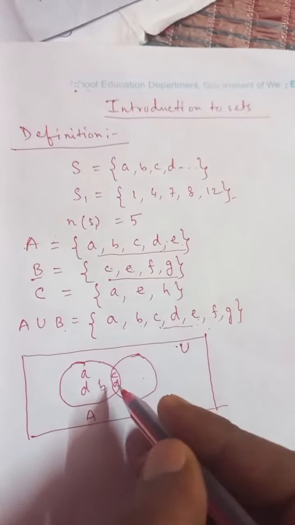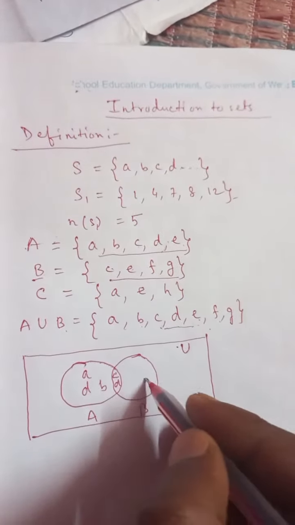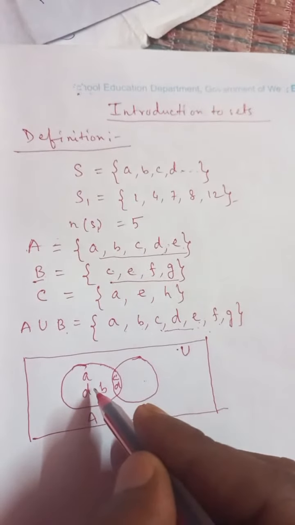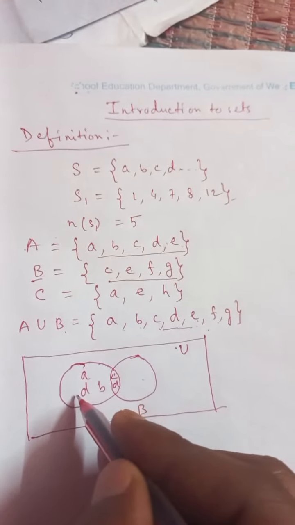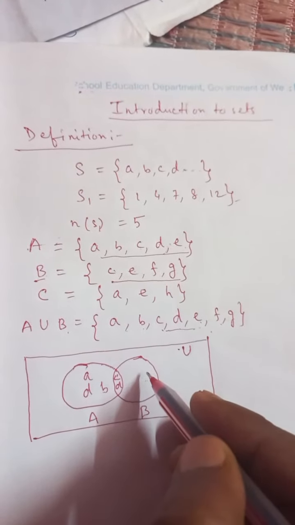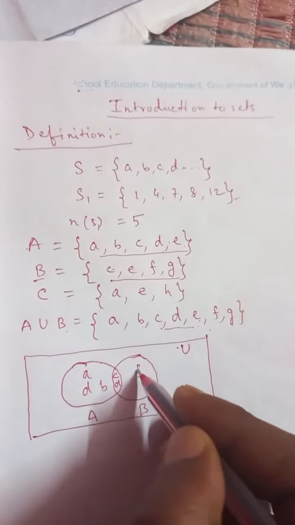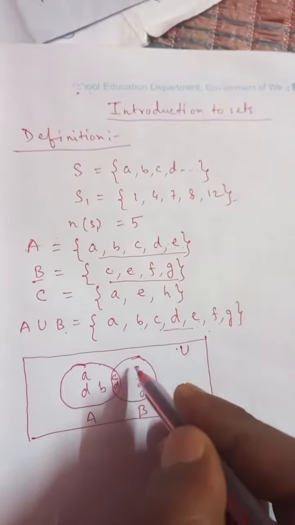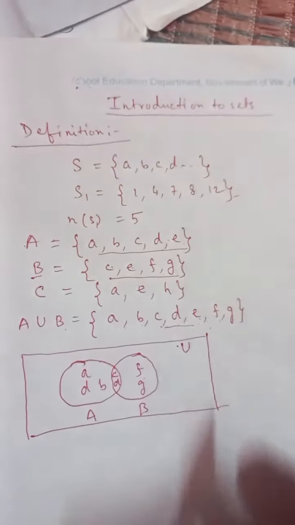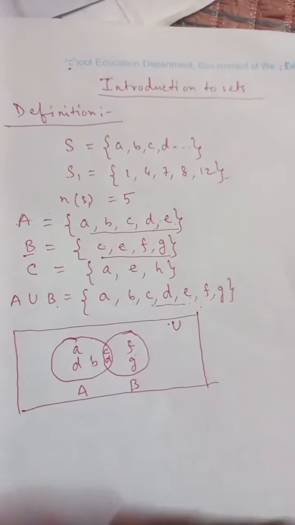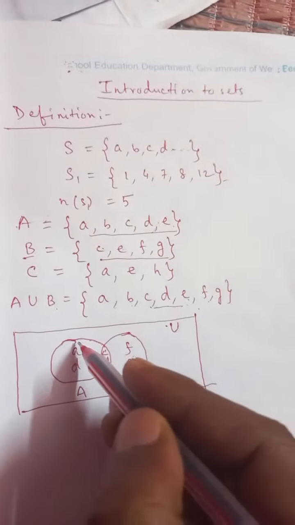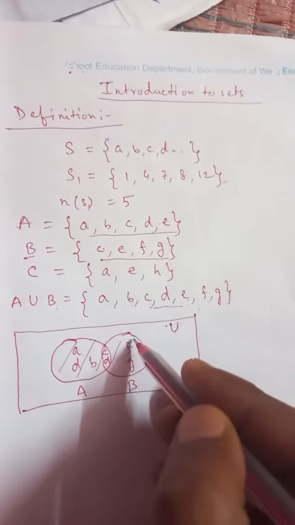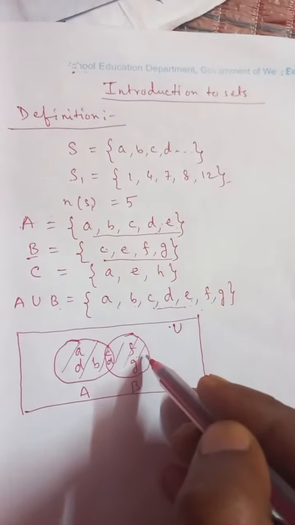C and E come in set A, also in set B, and some elements do not belong to set A, which are F and G. So we write them separately in set B. All these elements now come under A union B: A, B, C, D, E, F, G.